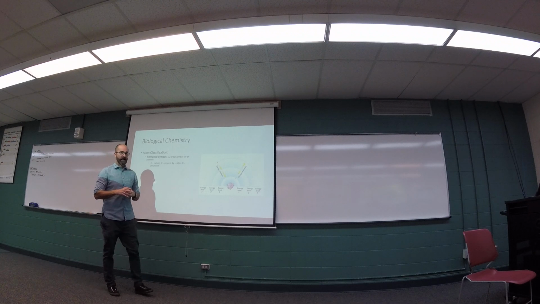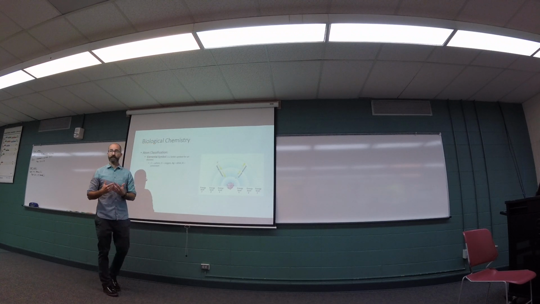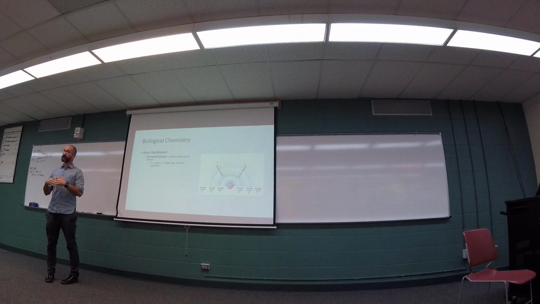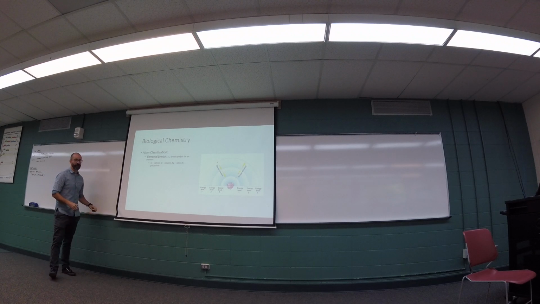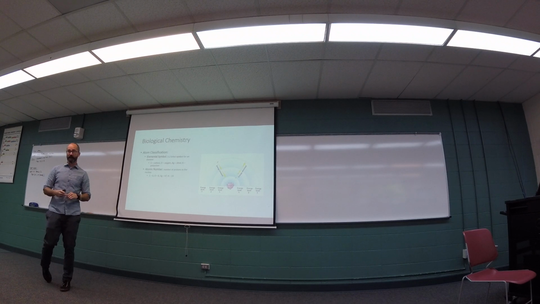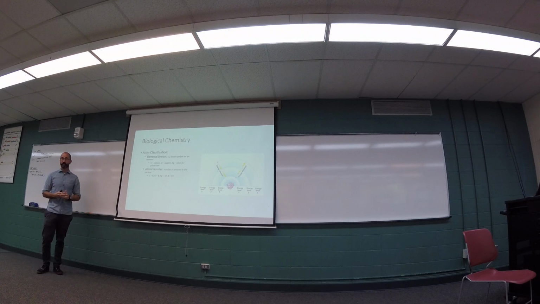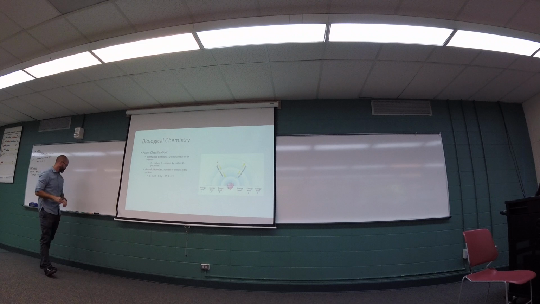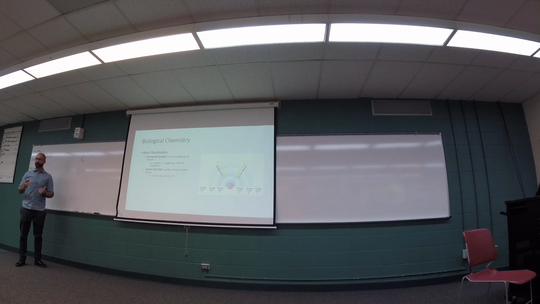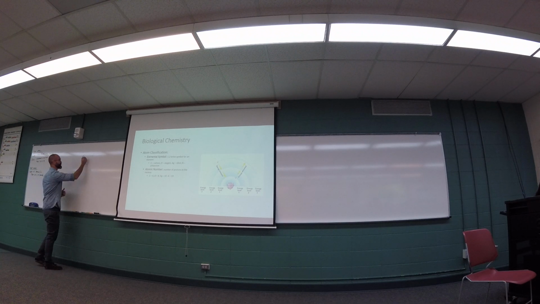Now each of these elements has a specific number of component parts. The most important, in fact the defining characteristic of an element, is the number of protons, and that's called the atomic number. So if you were to look at that periodic table, you would see the element C, carbon, and then it has a number up above it.